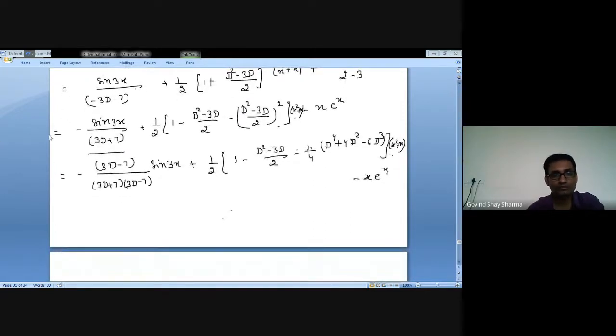Now 3D minus 7 will become 9D square minus 14. Sin 3x plus half, we take x square plus x inside.